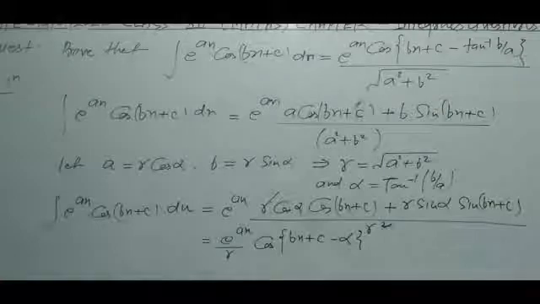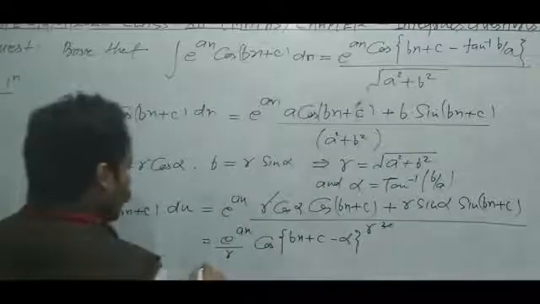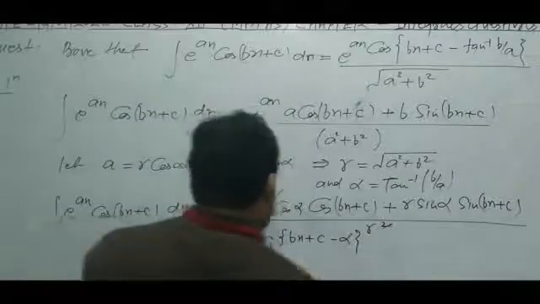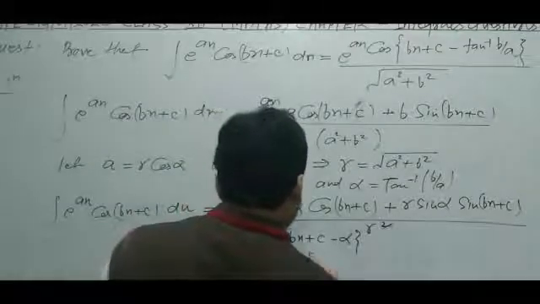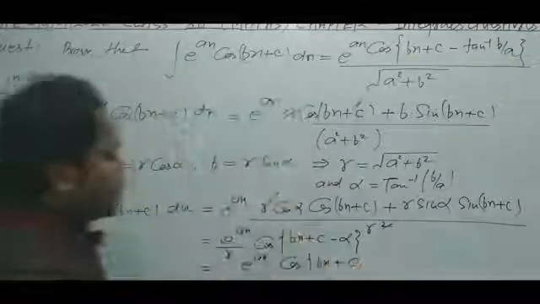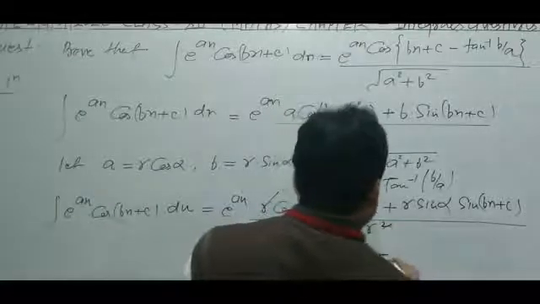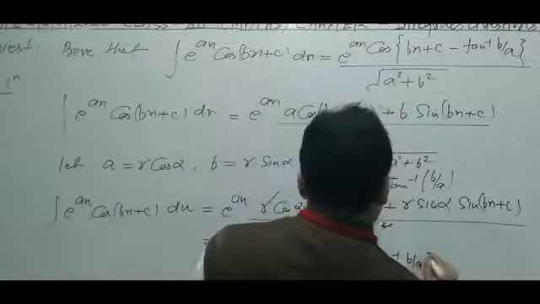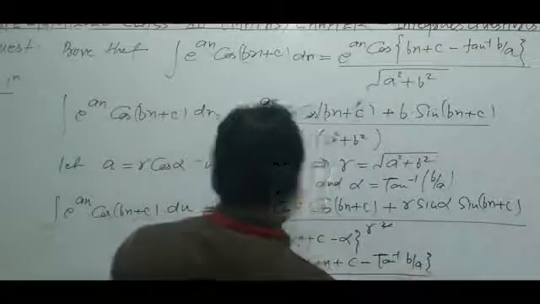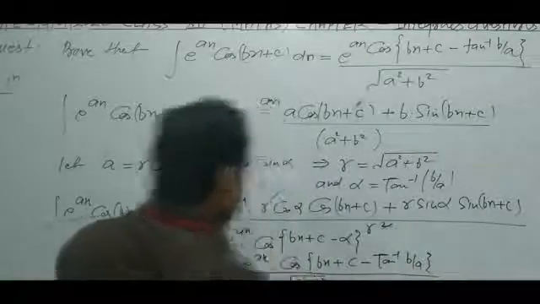Now what can we write as its value? So e to the power ax into cos of (bx + c minus alpha), where alpha is tan inverse b by a, whole upon root over a square plus b square.